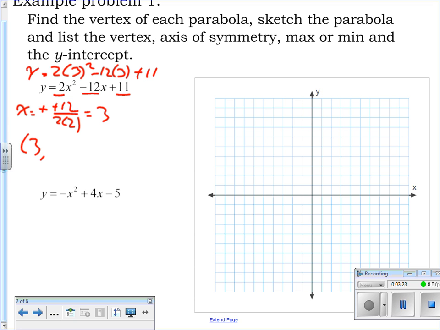And then you work it out. 3 squared is 9. 2 times 9 is 18. 12 times 3 is 36. 18 minus 36 is negative 18. Negative 18 plus 11 is negative 7. So the y-coordinate of my vertex is negative 7. Okay, so my vertex is (3, -7).